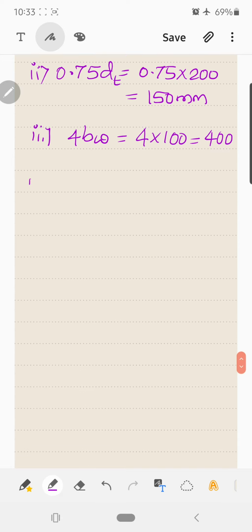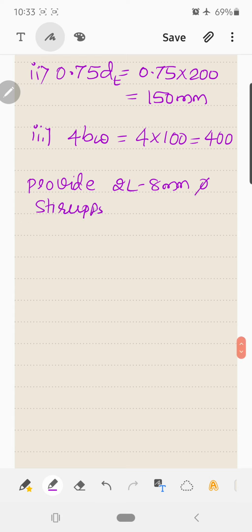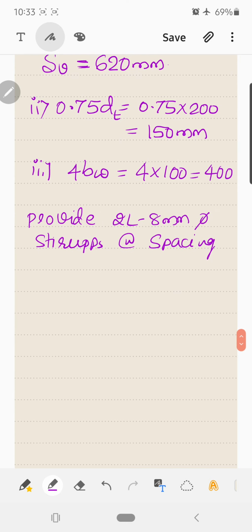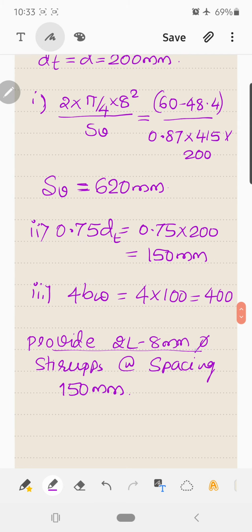So provide 2-legged 8 mm stirrups at the least spacing of the above: one is 620, another is 150, another is 400. The least is 150 mm. So provide 2-legged 8 mm diameter stirrups at spacing 150 mm. So this is the shear design.